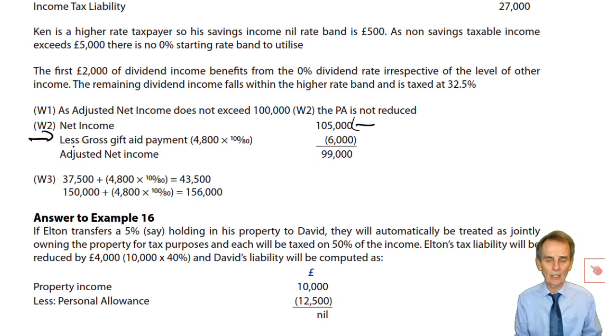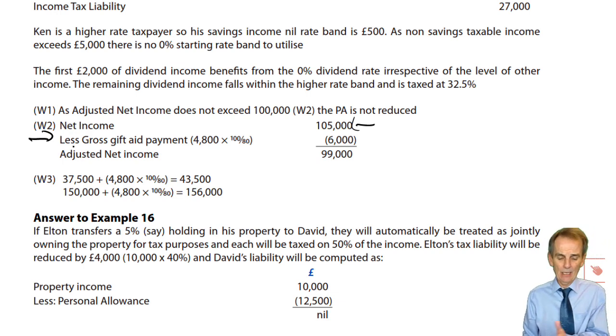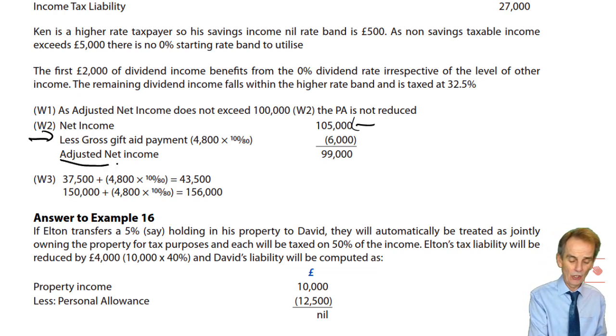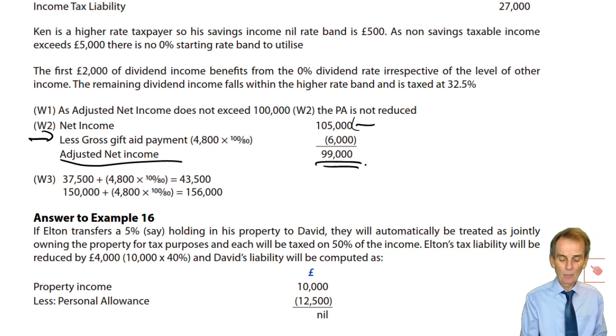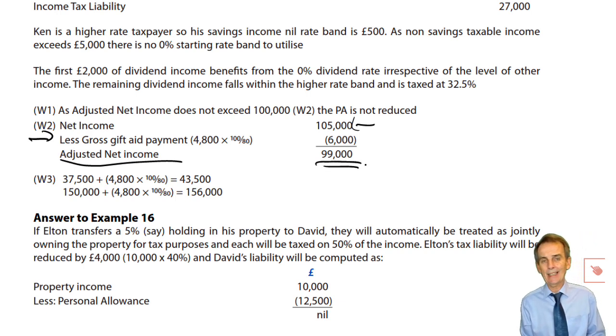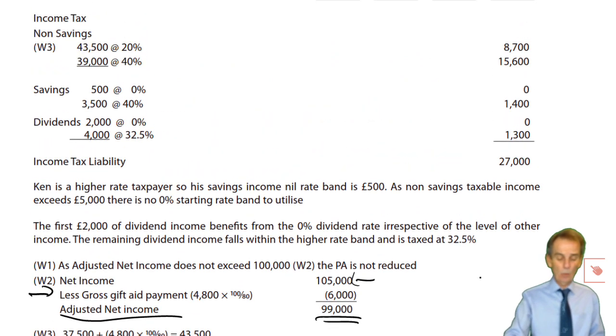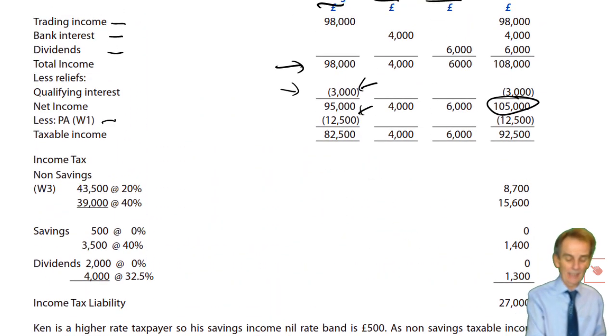Here, as we've used consistently through these examples, a gross gift aid payment, or if we were talking in terms of personal pension contributions, the gross amount of personal pension contributions. Each of those two items are in their gross form deducted from net income to give you the adjusted net income. And look what it's done. It's brought that adjusted net income down from in excess of 100,000 to less than 100,000. What does that mean? It means, therefore, that the personal allowance will remain untouched at £12,500. So that's why we've got personal allowance in here, reference to working one, at the full 12,500.